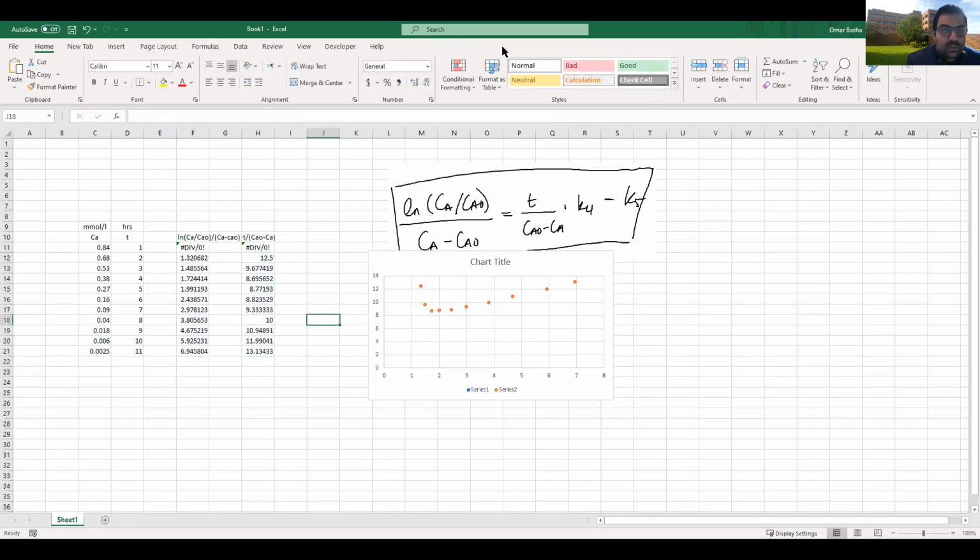Let's go back to the whiteboard and have a second look at our calculations. We didn't drop a minus sign anywhere.